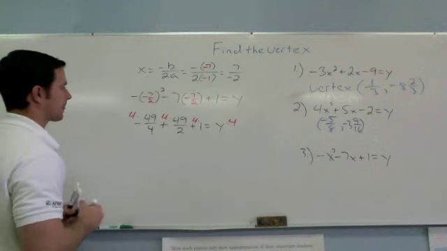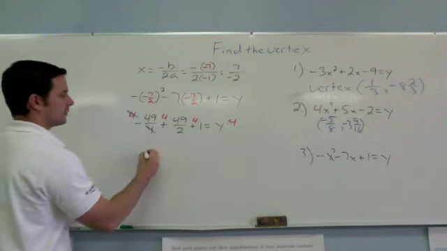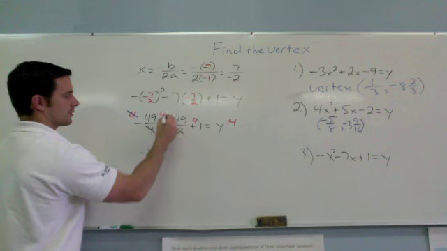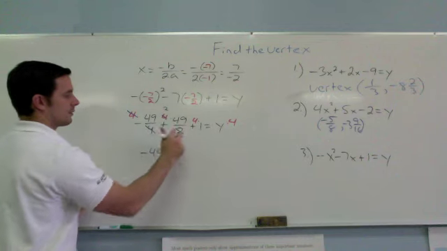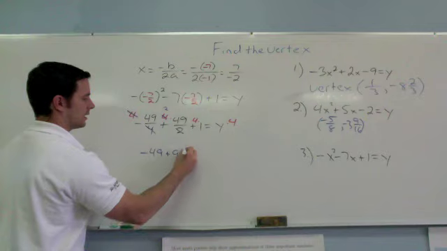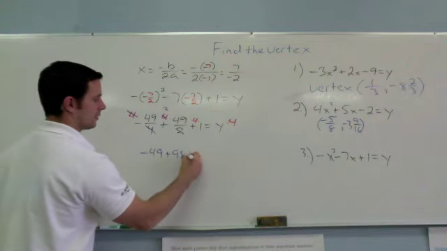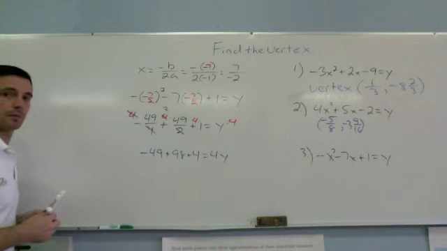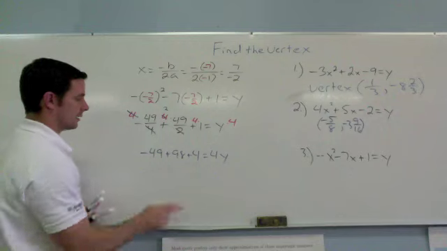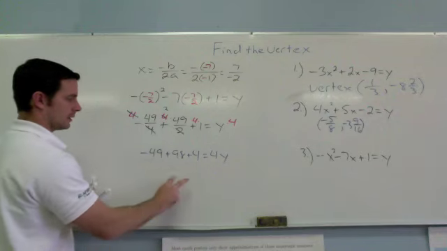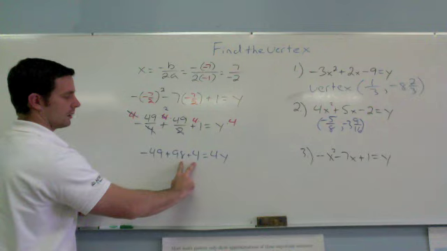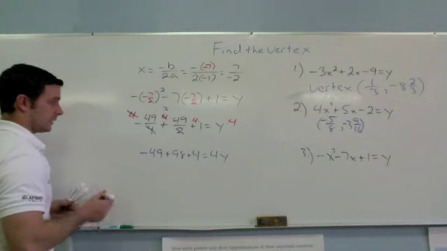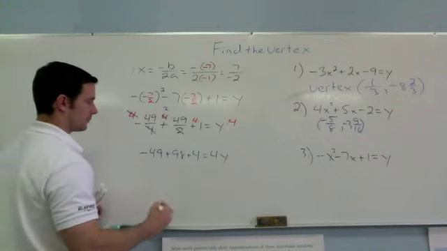From here, the 4's will cancel, leaving me negative 49. The 2 cancels, making this a 2. 2 times 49 gives me plus 98. Plus 4 equal to 4y. After that, combine like terms. This will give me 102. 102 minus 49 will give me 53.